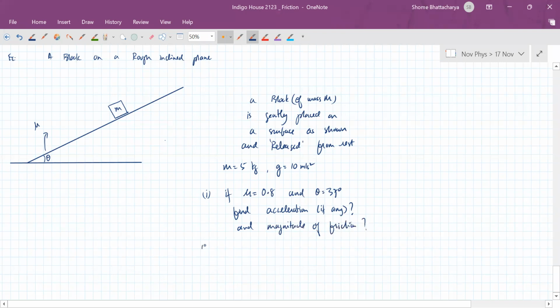In the second case, if the coefficient of friction is 0.6 and the angle of inclination is again 37 degrees, again find the same.